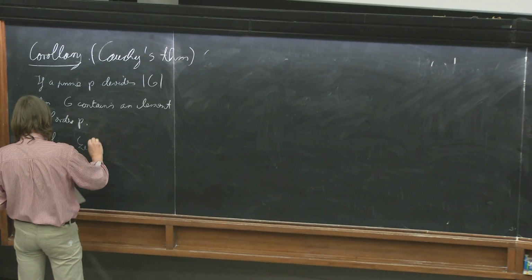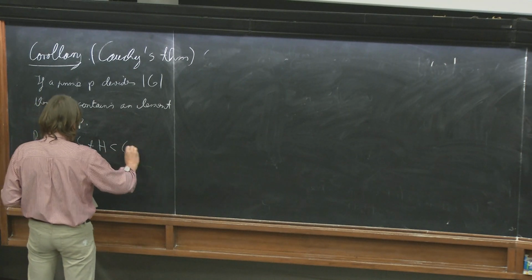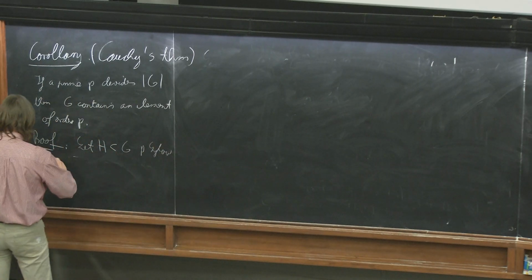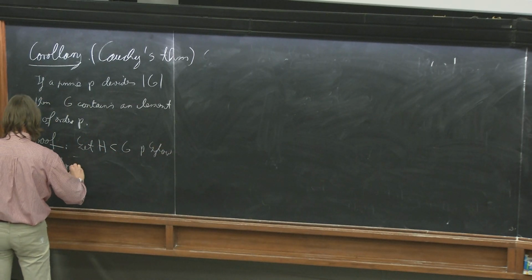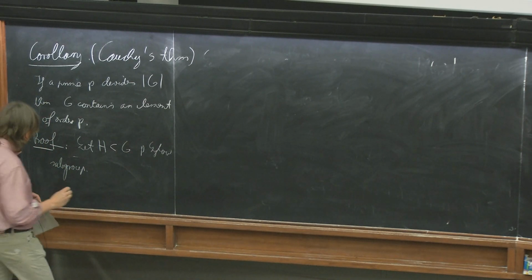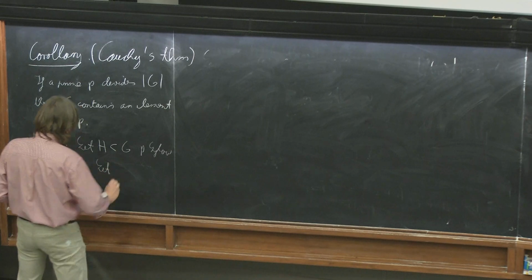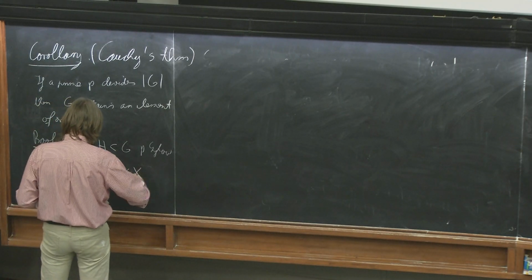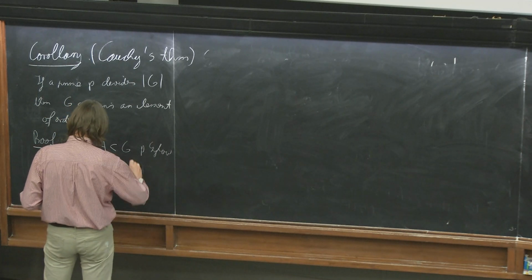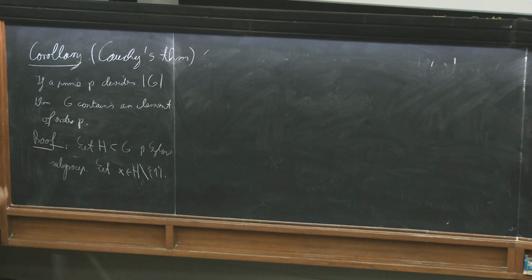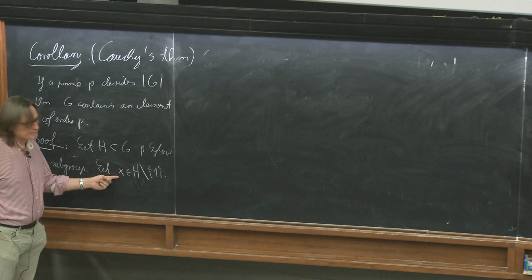So we take a p-Sylow subgroup H of G. So we take an element x in H which is not the neutral element. So then this element must have some order.